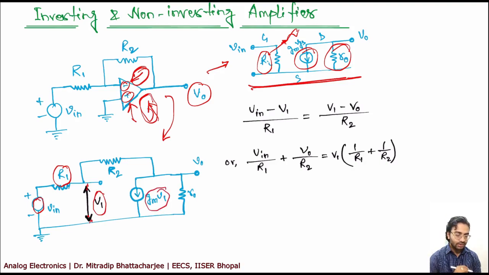It's GMV1, the GMVGS, whatever we say, in this case will be GMV1, and you have R2 sitting in between the input and output, and you have the output resistance R0, which can also be neglected. But let's see what expression we get from this circuit.